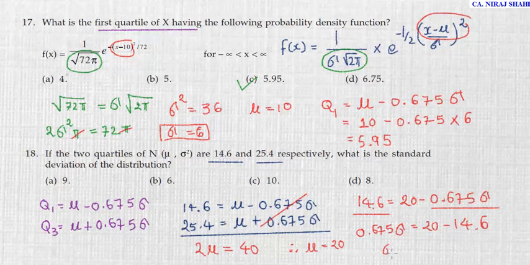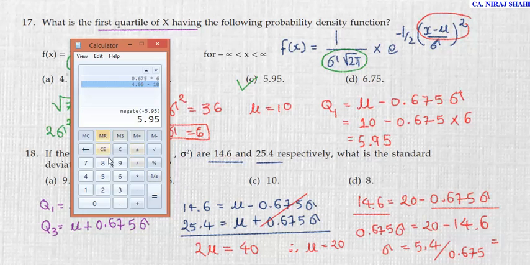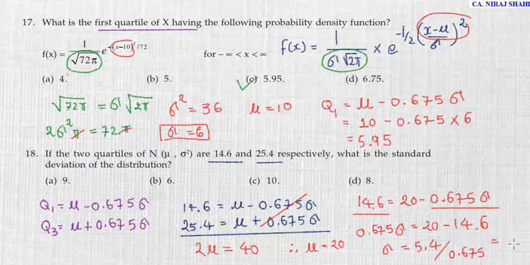Now 20 minus 14.6 is actually 5.4, and we divide it by 0.675. So let's solve it by using calculator. 5.4 divided by 0.675 is equal to 8. Okay, then our answer is 8. So our answer in option is D here.